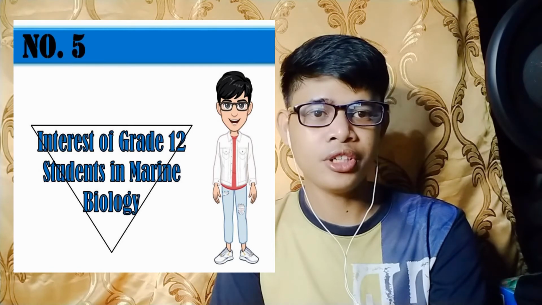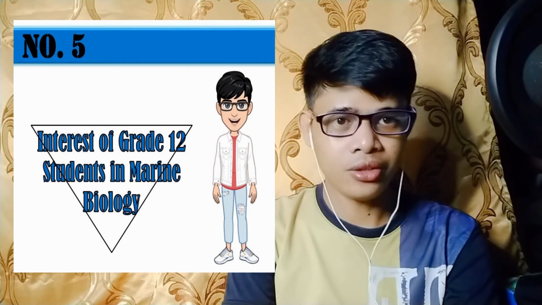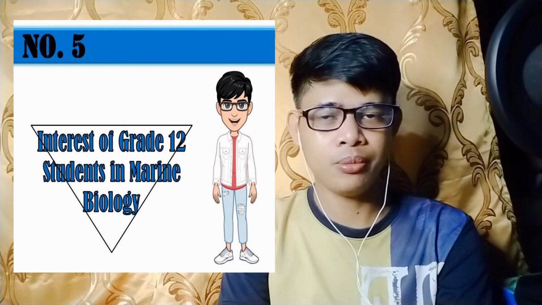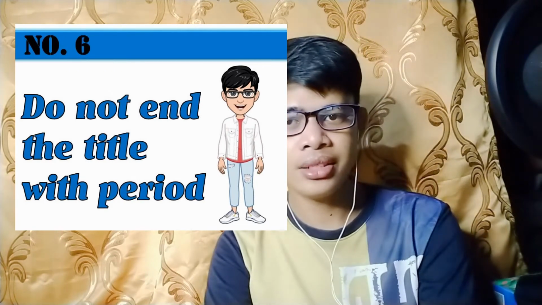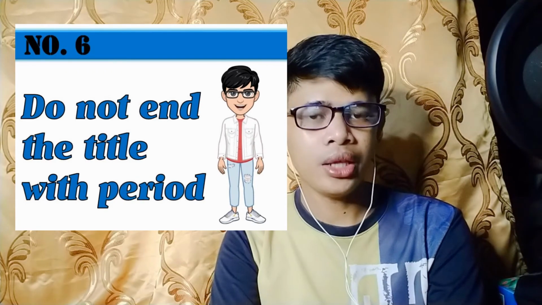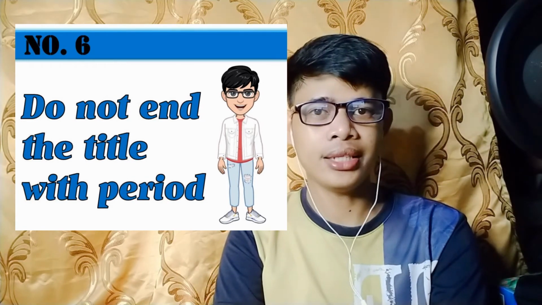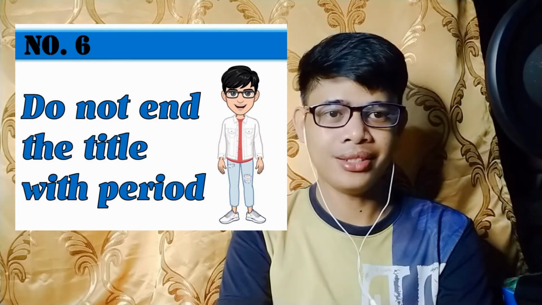The title is written using an inverted pyramid format in the title page. So you need to take note of that inverted pyramid. And the next tip is do not end the title with a period, because that's not a sentence, that's a title. So do not end your research title with a period.